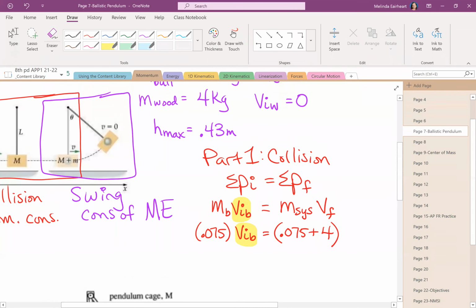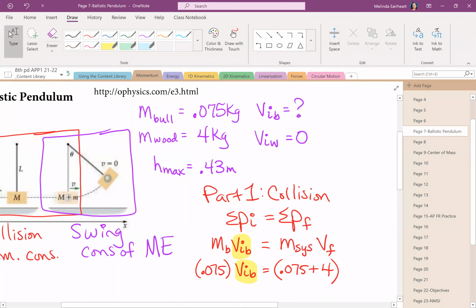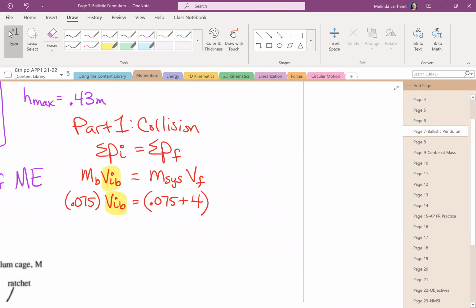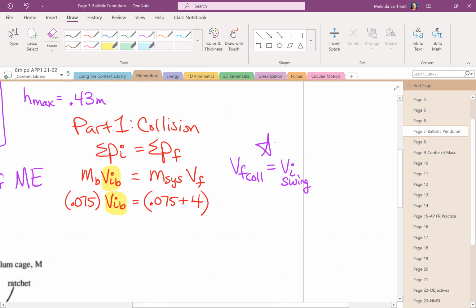Wait a second, were we given that? Did we measure that? No. So here's what makes it a two-parter. We've got to pause on the collision and transition over to the swing so that I can go find that final velocity. Wait, the final velocity from the collision is the initial velocity of the swing. It's that transition from part 1 to part 2 speed, right? We've done this before.